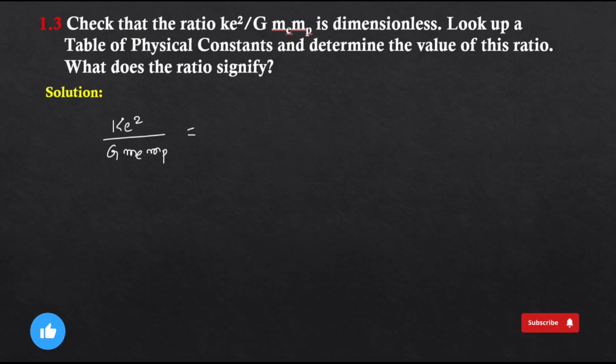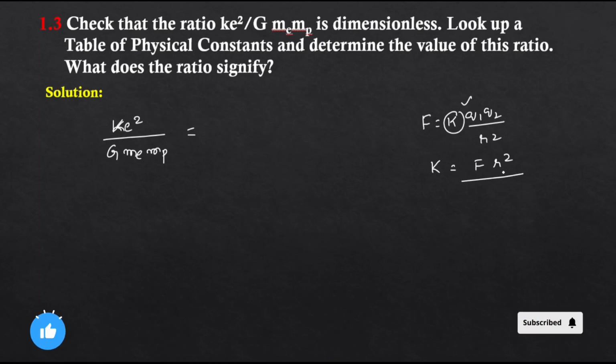Now we know that K is the proportionality constant in Coulomb's law. I am writing here F is equal to K into Q1 Q2 by R square. Now we can separate K here, we get F into R square by Q square, where Q is charge. Then we will get Newton meter square.